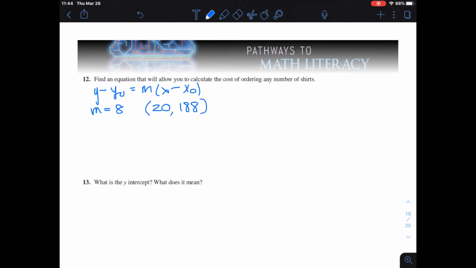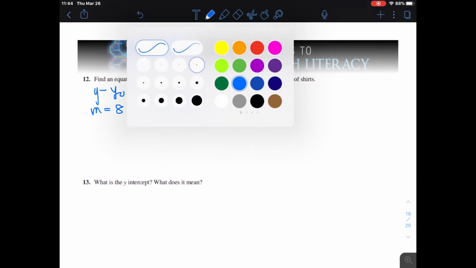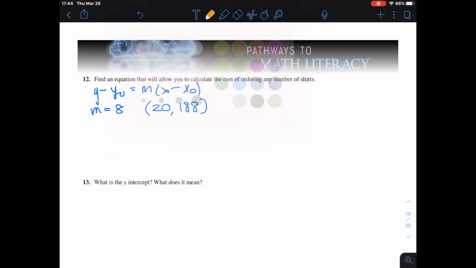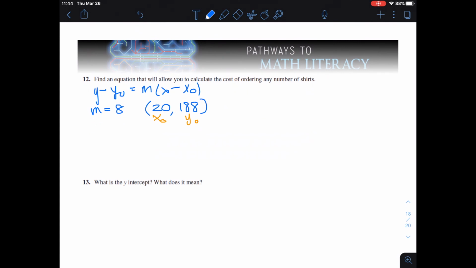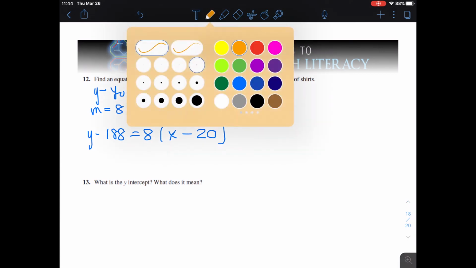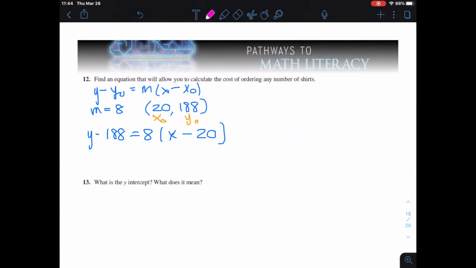Okay. So this point is x0, y0. So we just go ahead and plug everything in. We take y and subtract the y coordinate, which is 188. This is going to equal the slope times x minus the x coordinate, which is 20. So we just need to solve this equation for y.